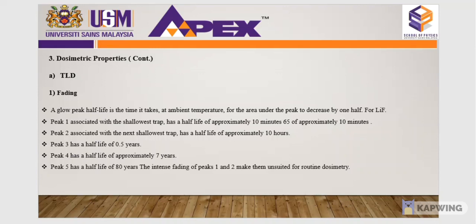Peak 4 has a half-life of approximately 7 years. Peak 5 has a half-life of 18 years. The instant fading of peak 1 makes it unsuited for routine dosimetry.